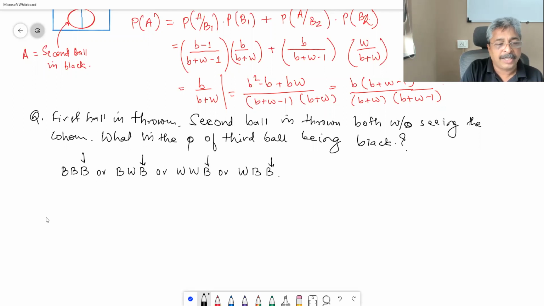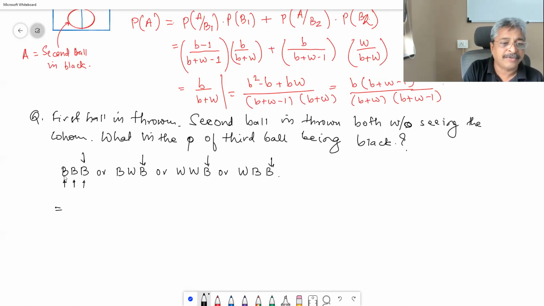So the probability of the third ball being black is equal to the probability of the first ball being black into the probability of the second ball being black given the first ball is black, and the probability of the third ball being black given the first two are black.